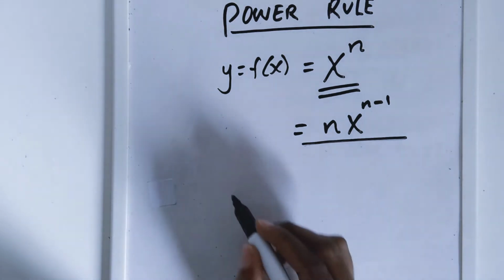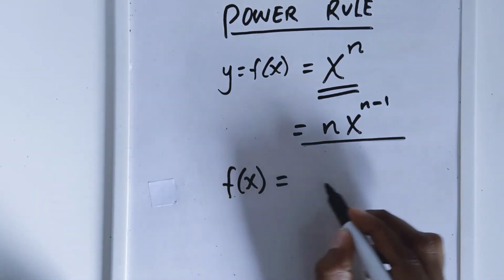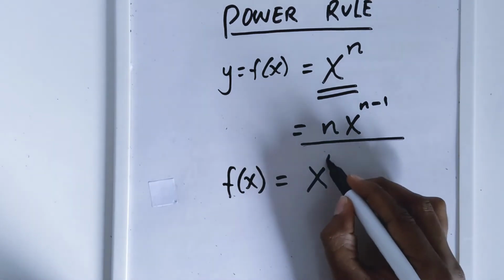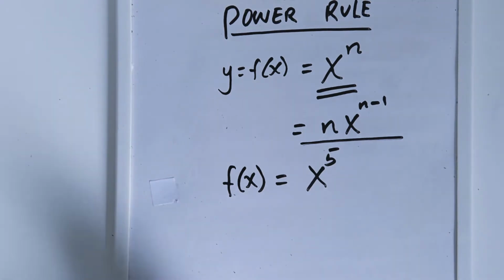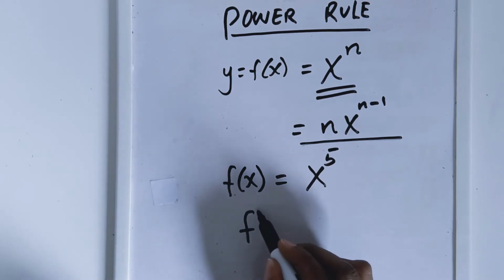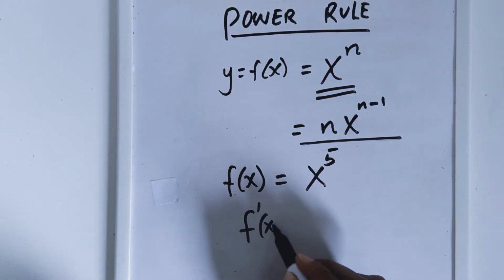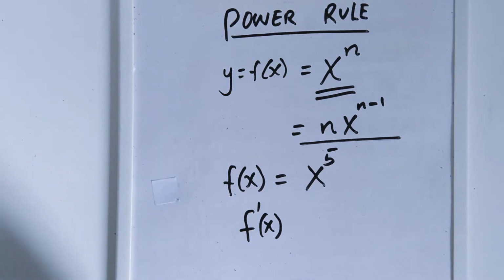Let us do an example. Assume you are given the function f of x is equal to x to the power of 5, and you want to find the derivative of this function. The way we denote when you are finding the derivative is you use f prime of x. This is to show that you are finding the derivative.